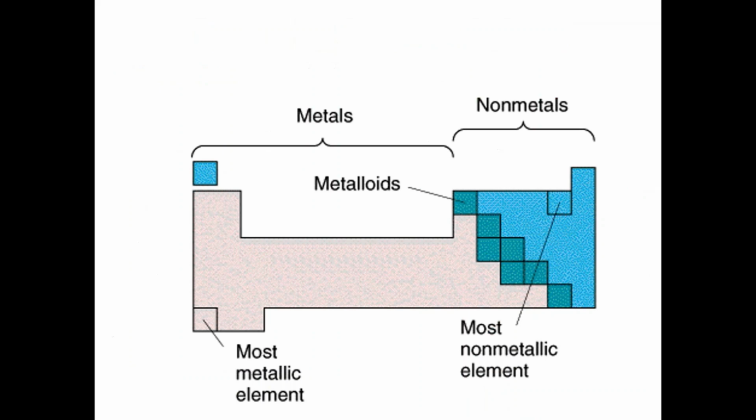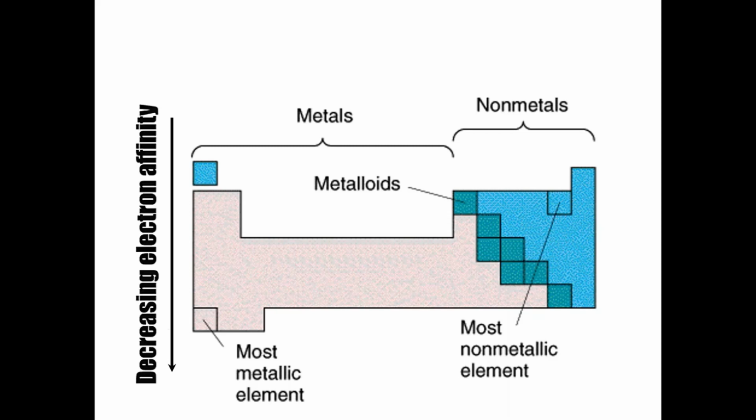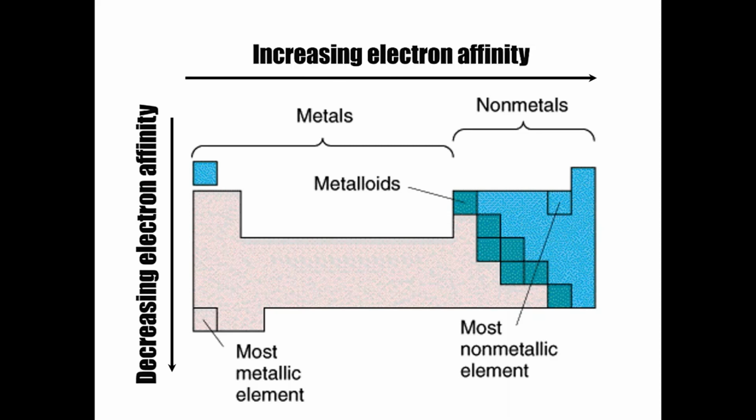So to review the electron affinity trends, as you go down a group on the periodic table, electron affinity decreases. But as you go across from left to right on the periodic table, electron affinity increases.